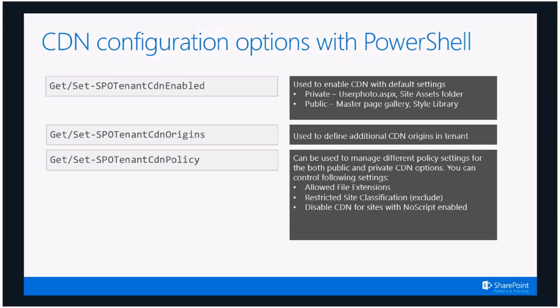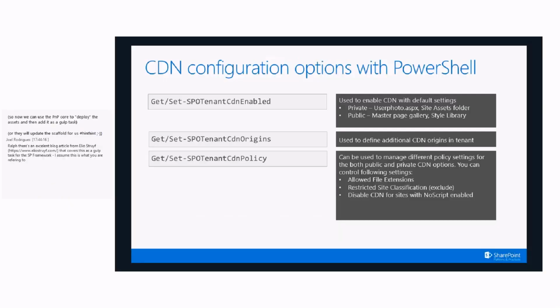There's restricted site classification, so you can say if the site classification is high, let's say a critical secret site, let's not get that content through the CDN. And then there's also a setting for disabling the CDN for sites with no script enabled. That is a super interesting statement.